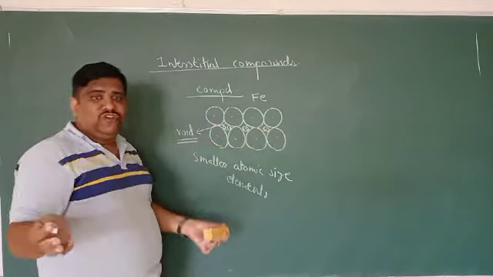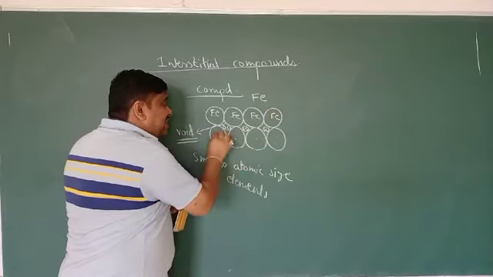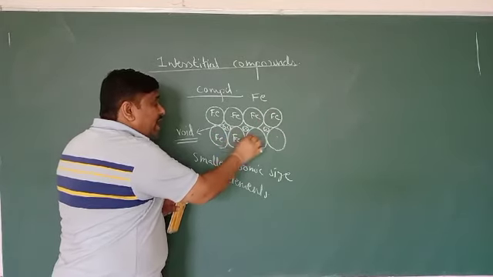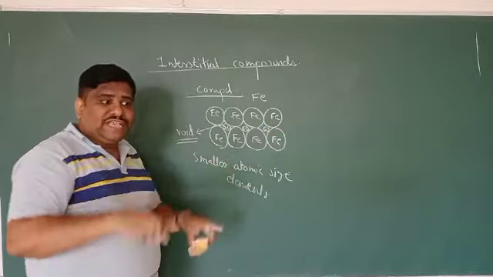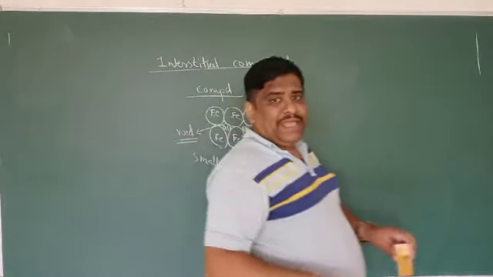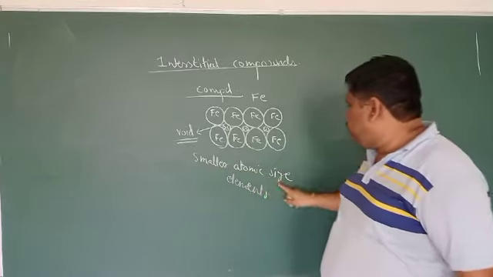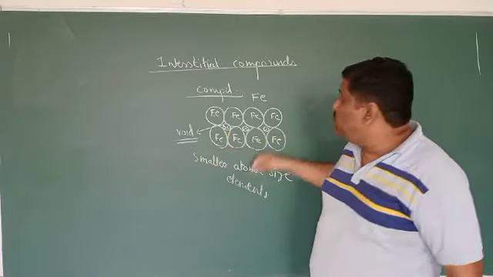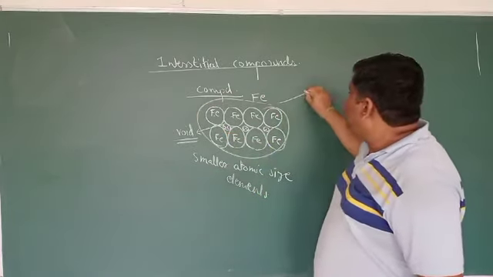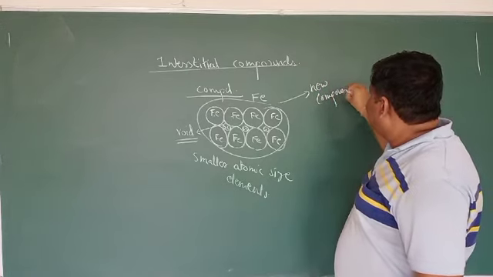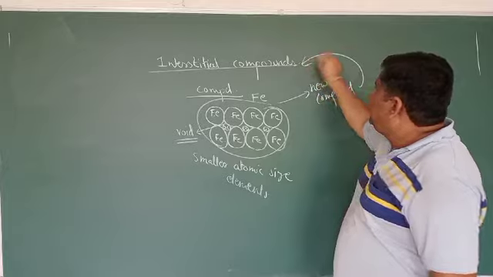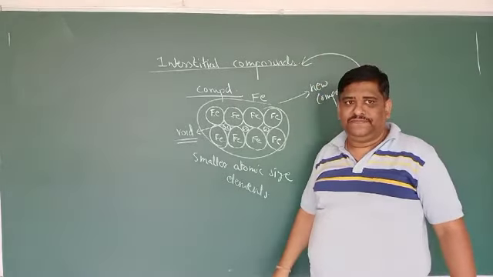Earlier only Fe atoms were there, and in these Fe atoms we have the voids. Those gaps are occupied by smaller atomic size elements, and you are going to form a new compound, which is referred to as interstitial compounds.